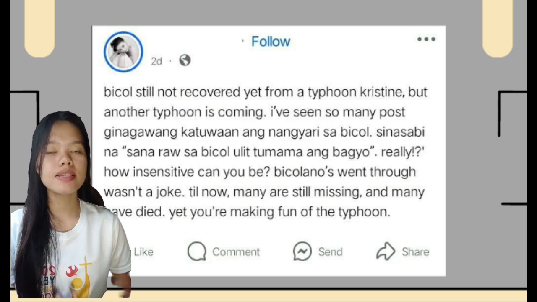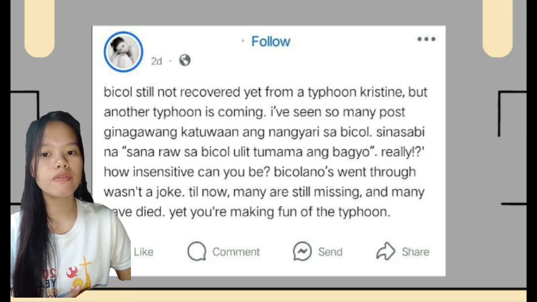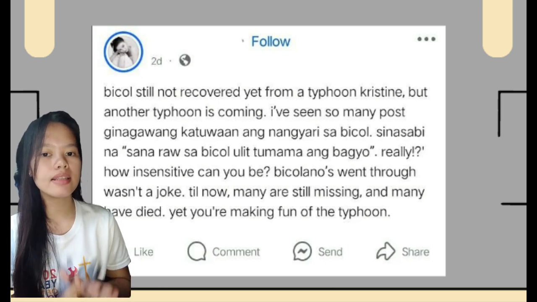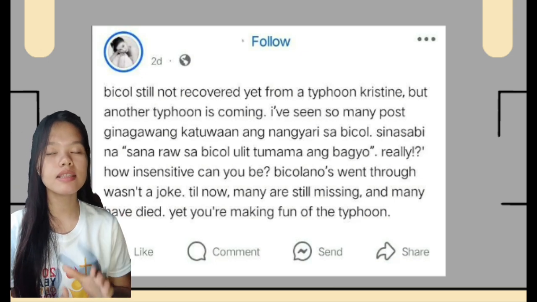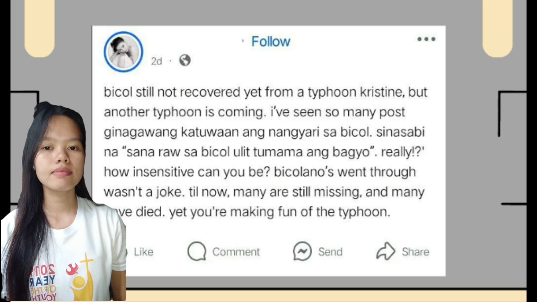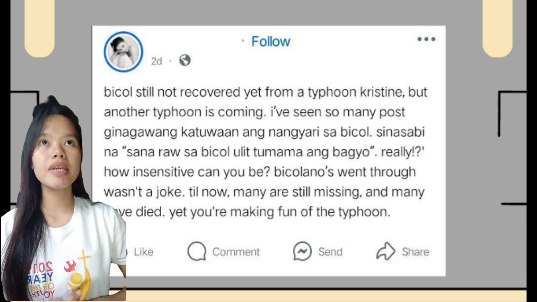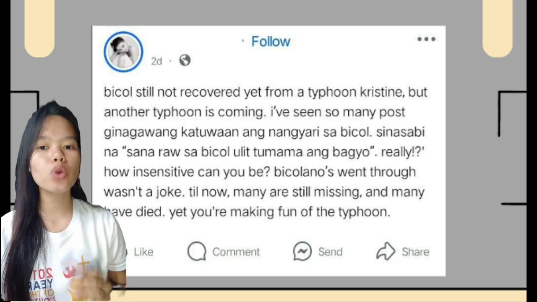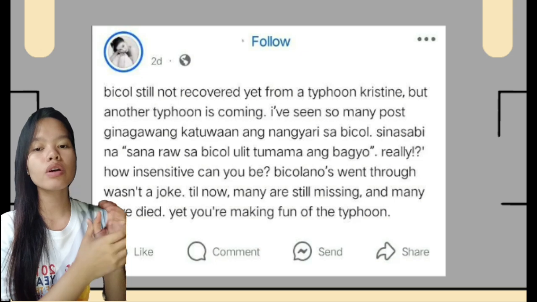The post emphasizes the human cost of the disaster, mentioning missing and deceased individuals.